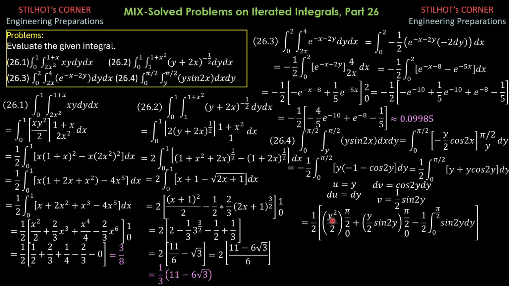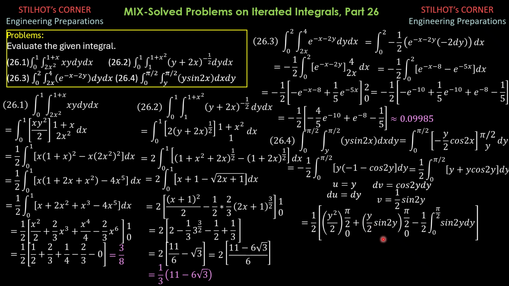So this is pi over 2 squared, so pi squared over 4 over 2, so that's pi squared over 8. Then the lower limit 0, so this is just pi squared over 8. So 1/2 quantity pi squared over 8. Then for this term, sine of 2 times pi over 2 is sine of pi, which is 0. Then minus the lower limit, sine of 0 is also 0.